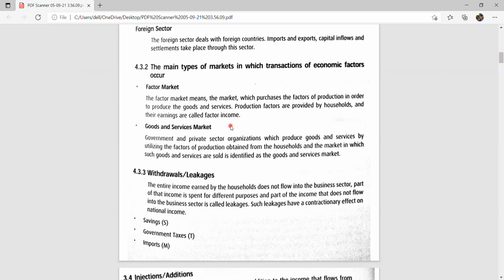Actually, even though I said a factor market specifically, it is not a particular location, not a particular place. It is just a word when we want to connect both household and firms when they exchange factors of production for money. Sometimes factors of production, we can say technically workers.